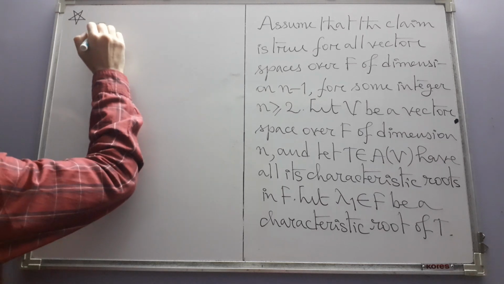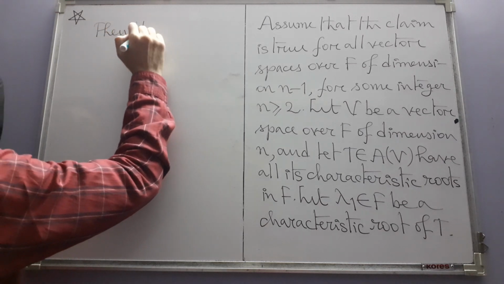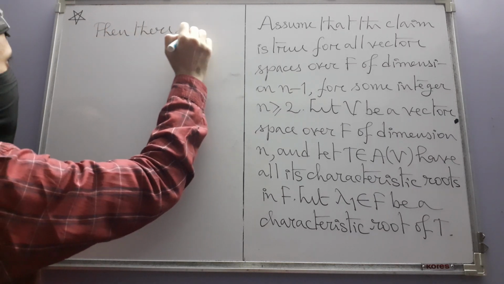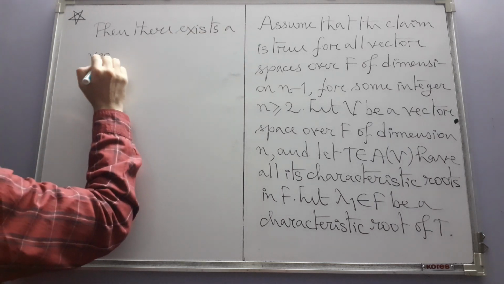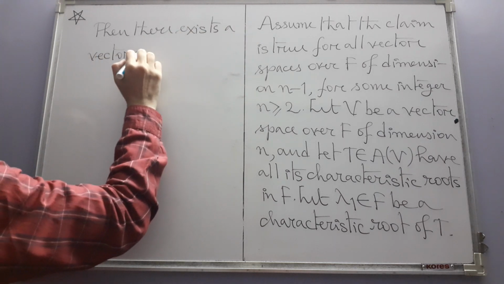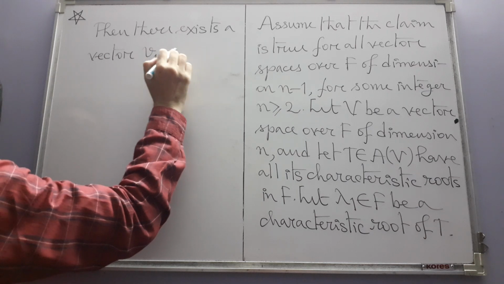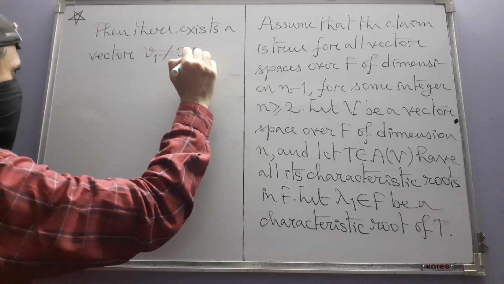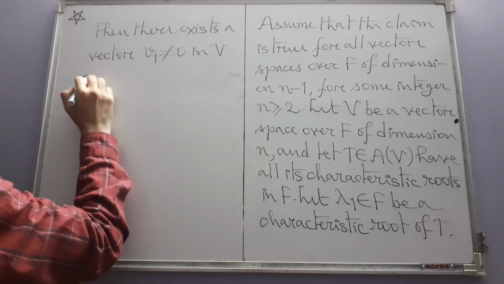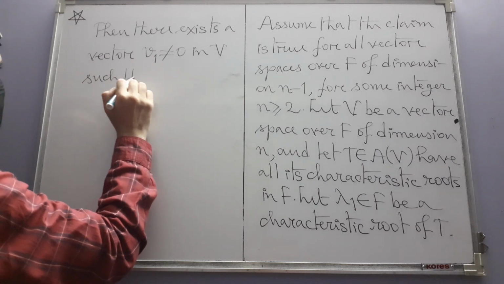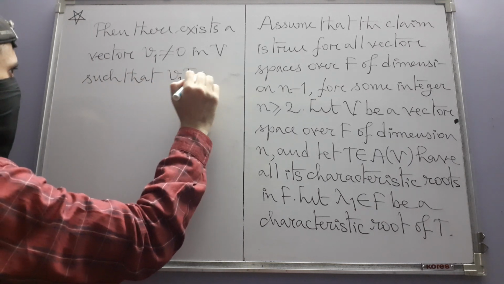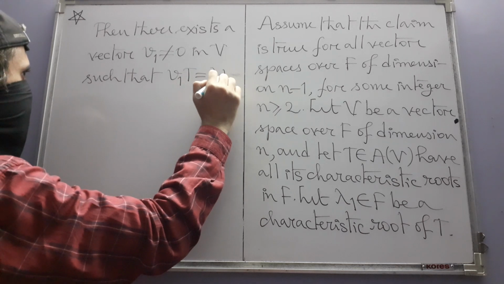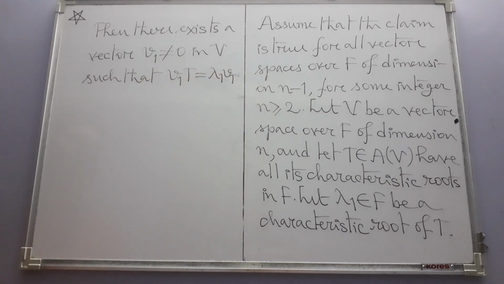Then there exists a vector V1 not equal to 0 in V such that V1 T is equal to lambda 1 V1.